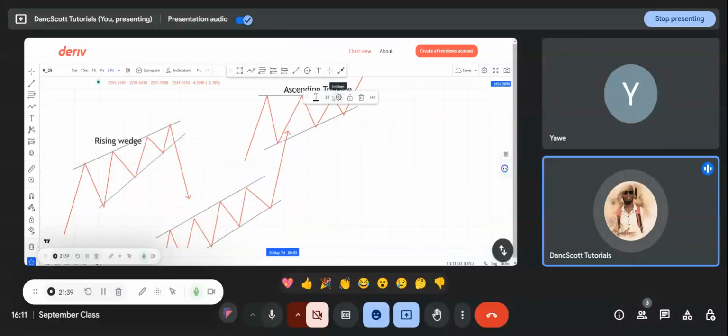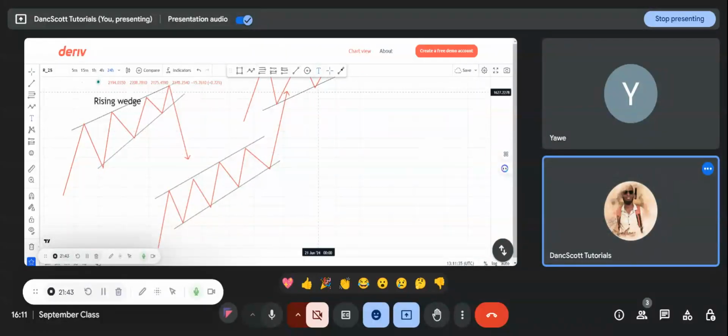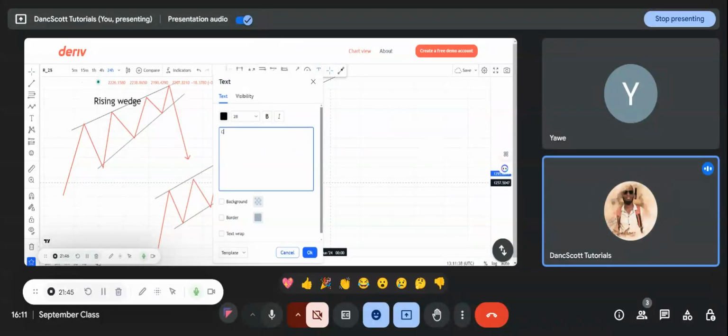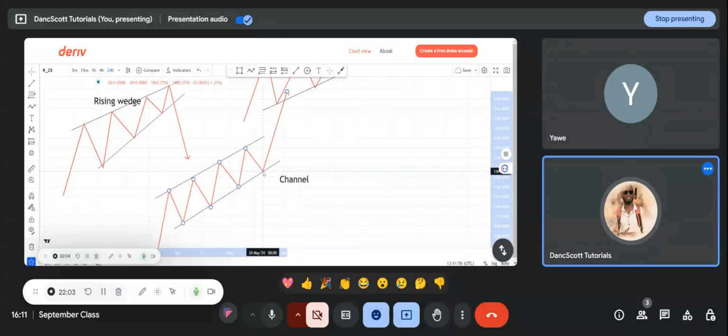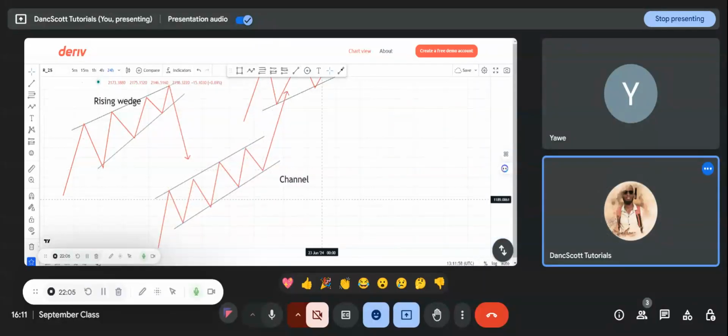Then we have the descending. We have the channel here. This is the channel. That is a bullish channel. We may call it a bullish channel, but I normally leave alone those names, bullish and so on, because it's a continuation of the bullish trend. All right, so this is a channel.